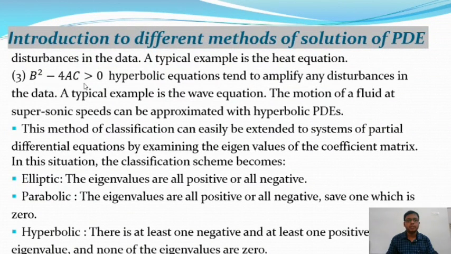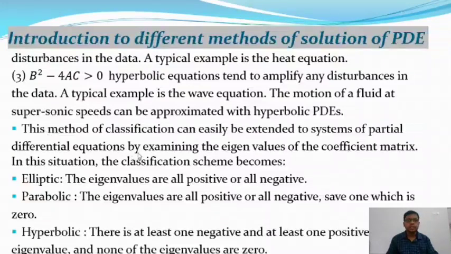And if B² − 4AC is greater than 0, we get the hyperbolic conic, and from this the wave equation. The motion of a fluid at supersonic speed can be approximated with hyperbolic partial differential equations. So the nature depends on the discriminant of the second order partial differential equation.